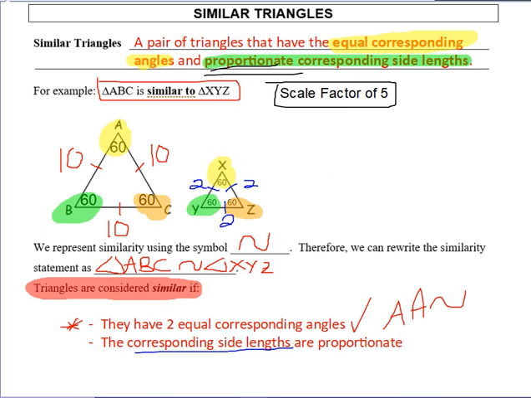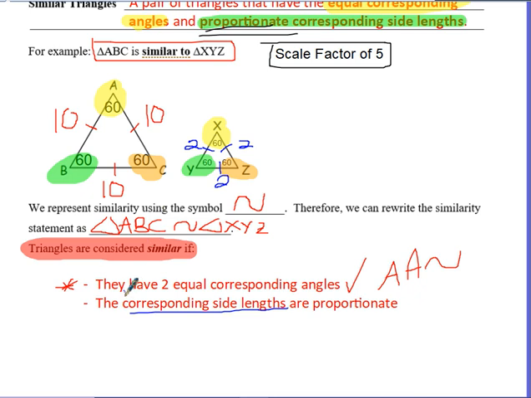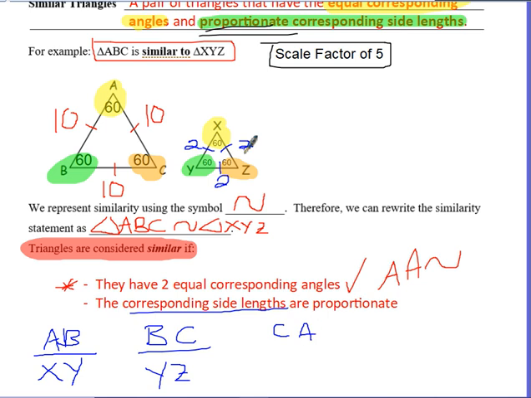So in the example above, we know that side AB corresponds with side XY. Then BC, which is at the bottom here, would correspond to YZ. And lastly, CA would correspond with ZX.